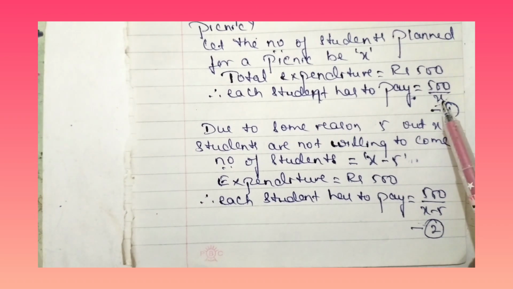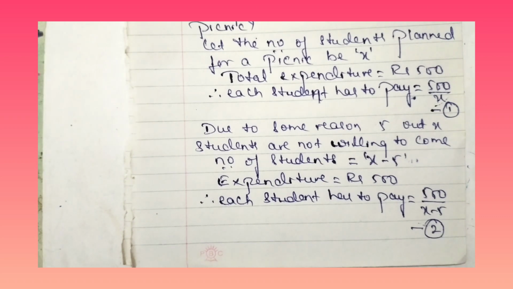If x number of students are there, each has to pay 5 rupees less. Instead of x students, if only x minus 5 students are willing to move, then each student has to pay 5 rupees more.